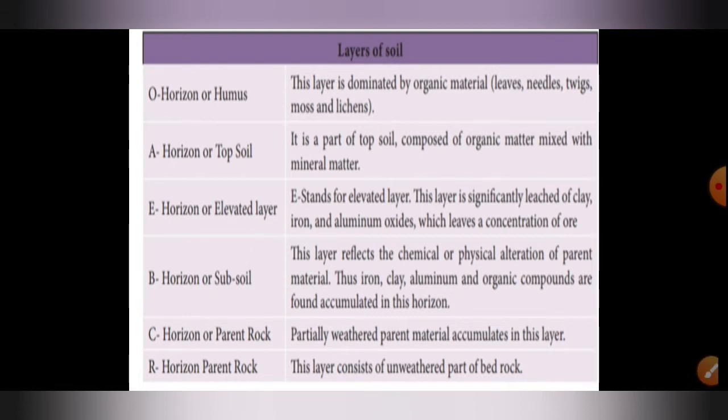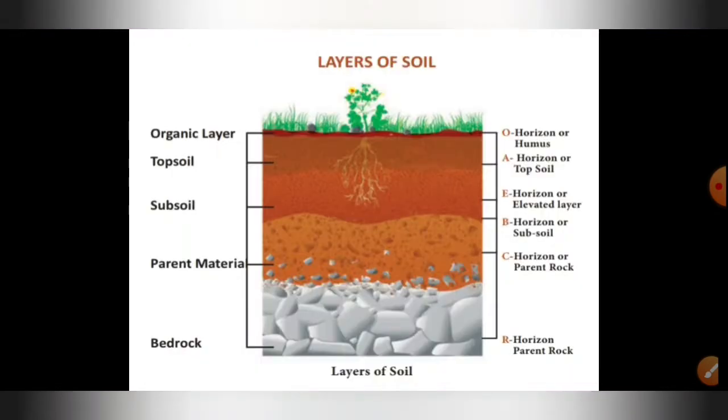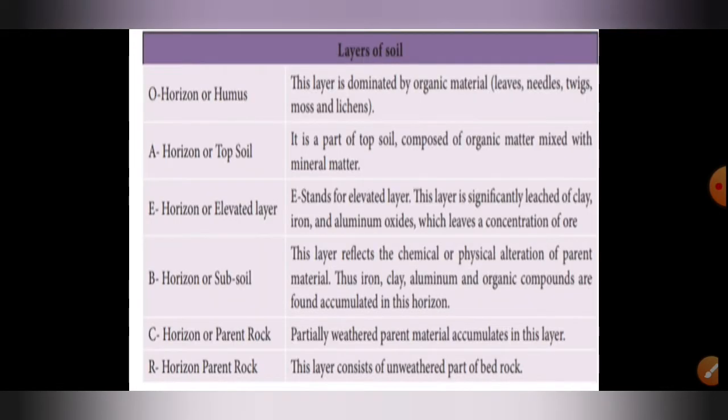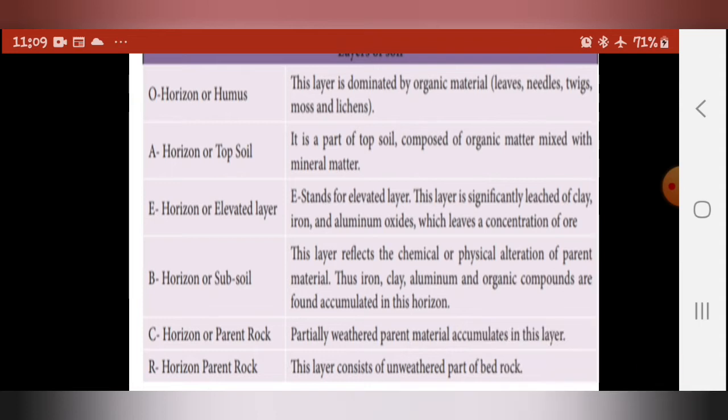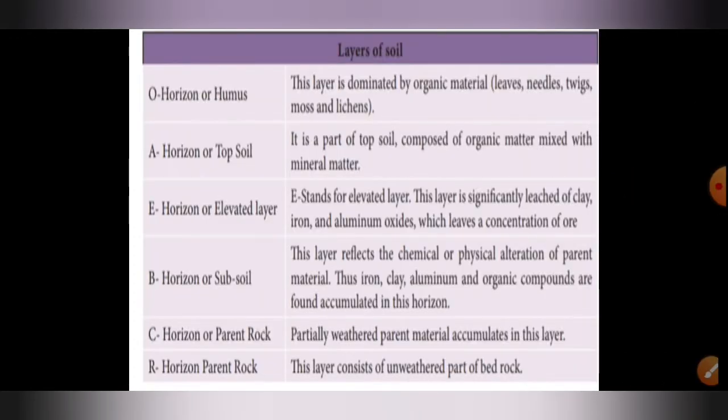In a tabular column they have given this in detail. We just saw what they are in the right hand side of the diagram. First point, O stands for horizon or humus. This layer is dominated by organic material.